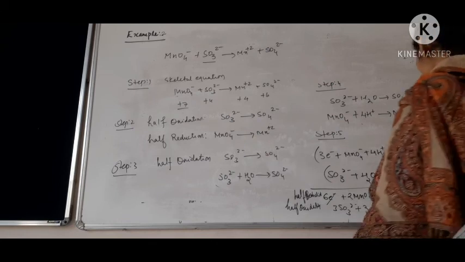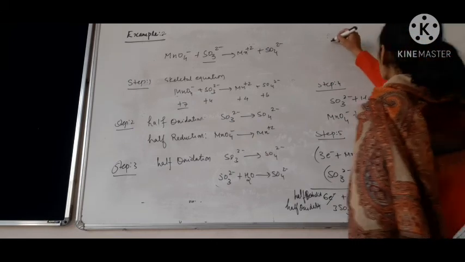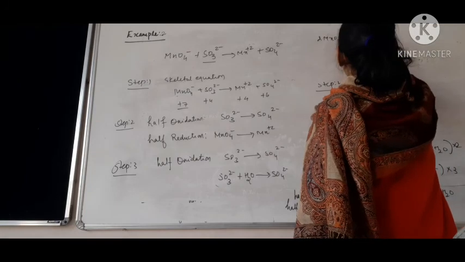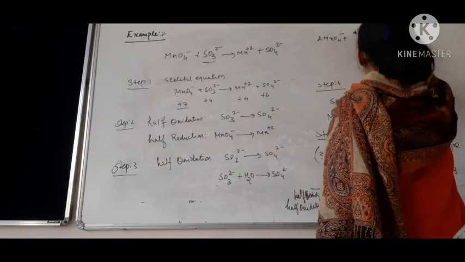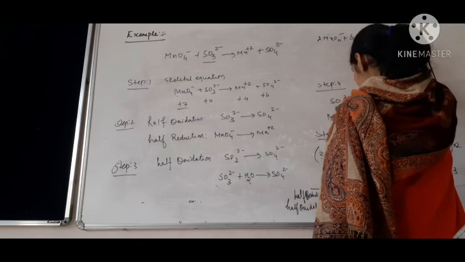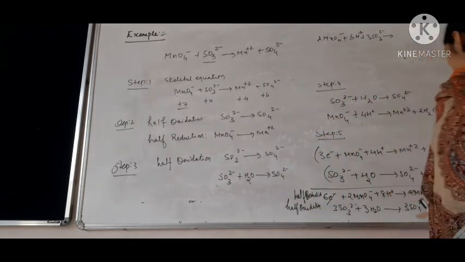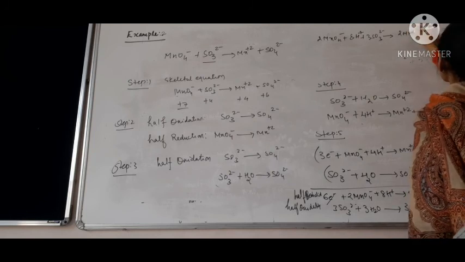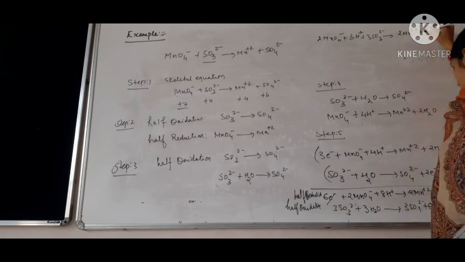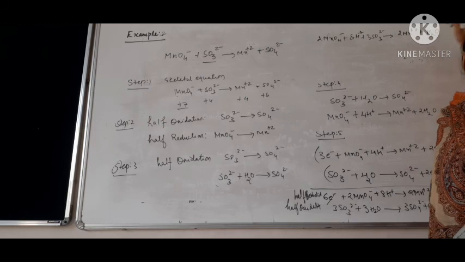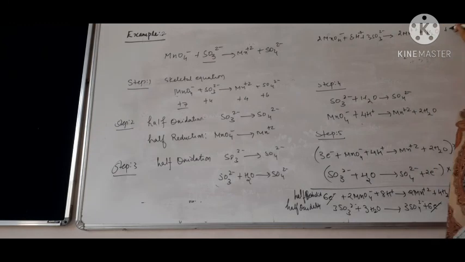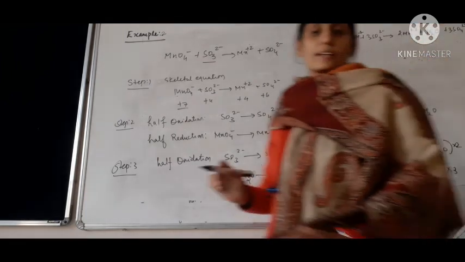So the overall reaction here is 2 MnO4 minus, the manganate ion, plus 8H plus plus 3 SO3 2 minus, which gives 2 Mn plus 2 plus 1 H2O, since 4 minus 3 is 1 H2O, and 3 SO4 minus 2. That is for acidic medium.